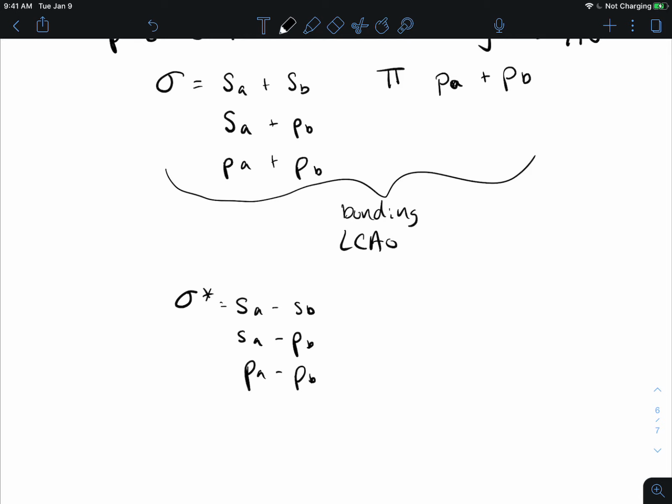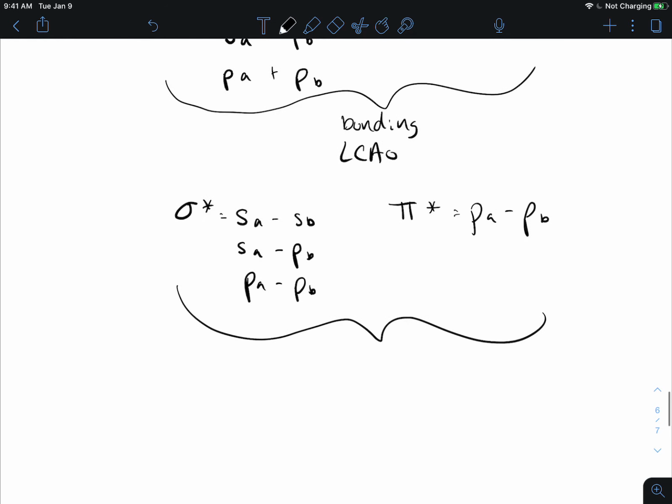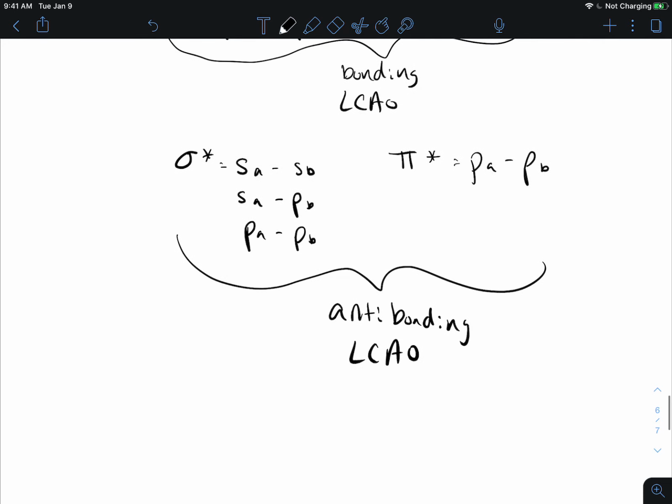So a subtraction of atomic orbitals, where our pi star is Pa minus Pb when they are parallel to each other. So these are our antibonding linear combination of atomic orbitals. So we will always have a bonding plus an antibonding when we combine those atomic orbitals. When we're combining, it's either an addition process or a subtraction process.